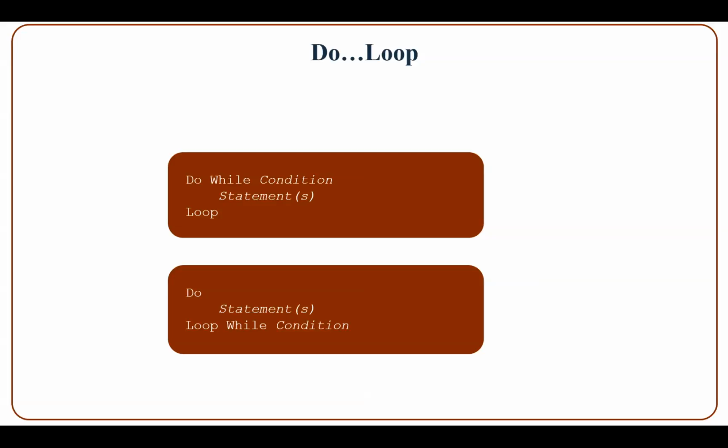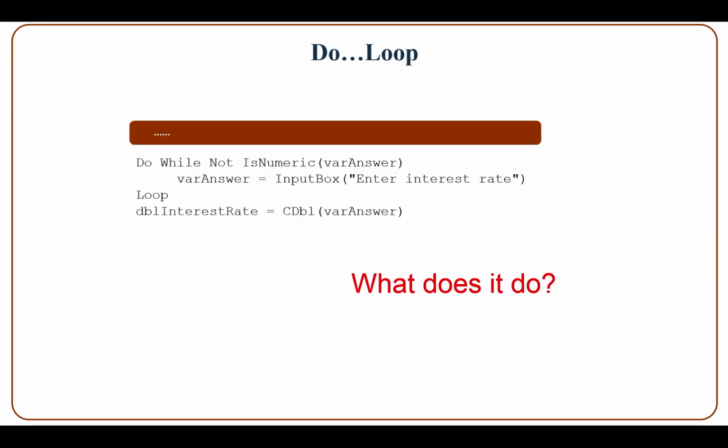Now let's go back to the same example. Let's look at the do loop structure. Do while not is numeric var answer.